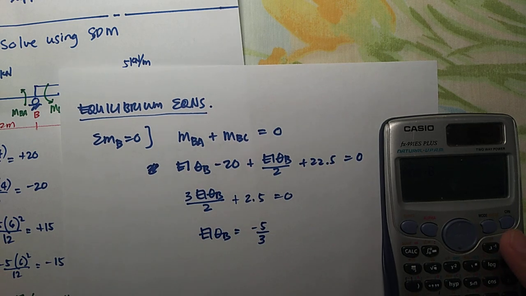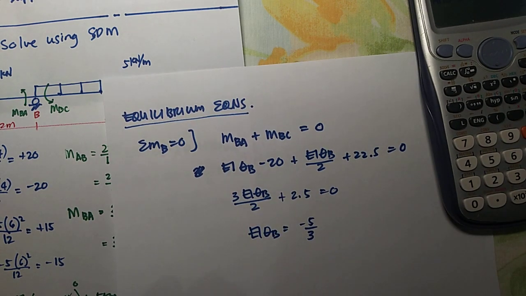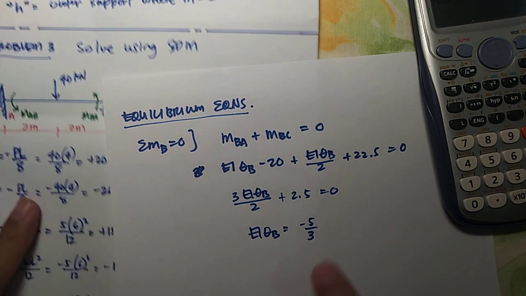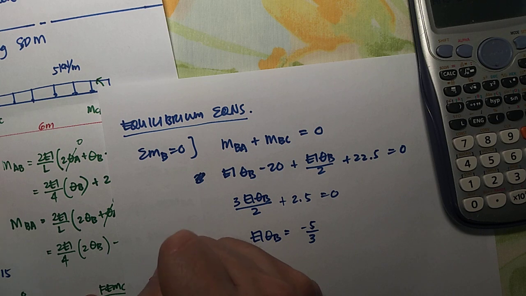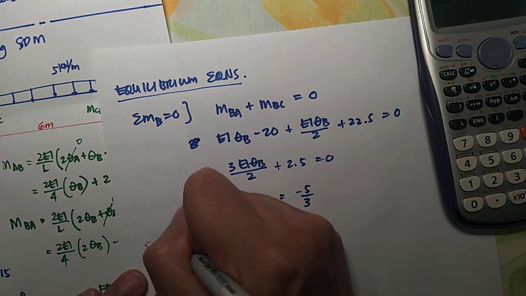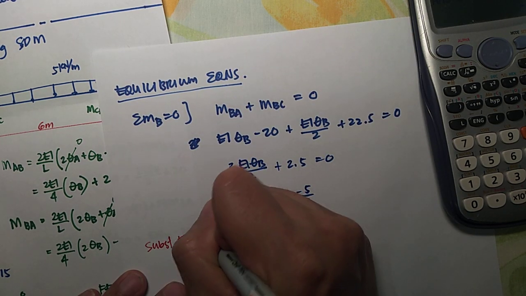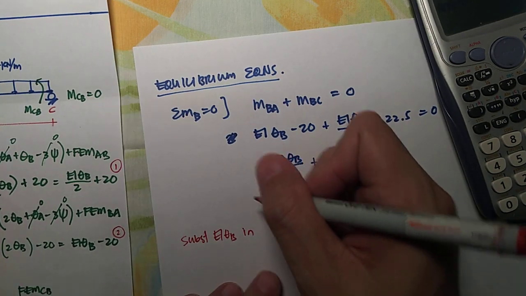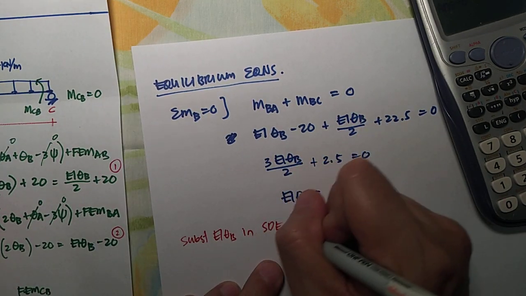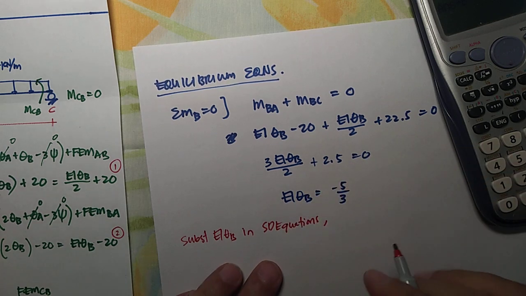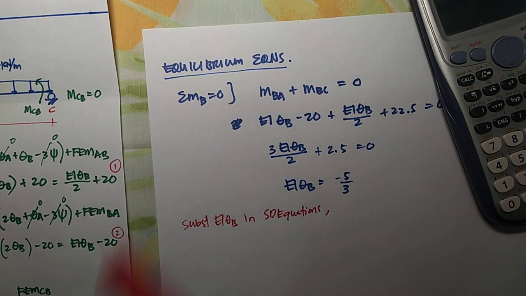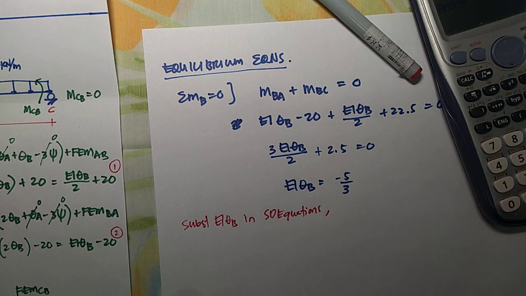Now, knowing that EI theta B, substituting it back, so let us substitute EI theta B in the slope deflection equations. Okay? So, what would be our equation?